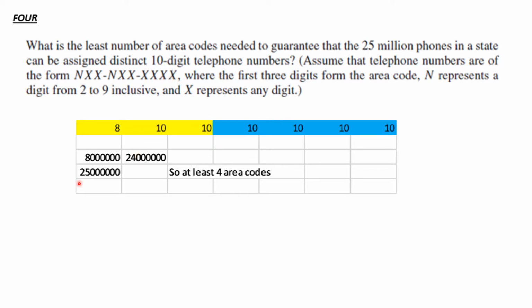So if I multiply all that together, I get 8 million. So if I take 8 million times 3, I get 24 million. And so 3 area codes isn't enough, but 4 area codes is enough. So the answer is at least 4 area codes.